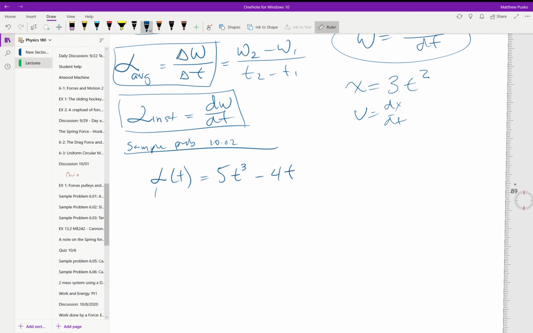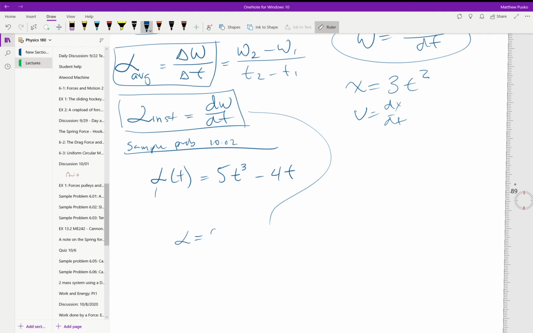So we're doing the same thing that we did before. Before it was the acceleration in the x, or the acceleration in the y, or the acceleration in the z. Now we're looking at the rotational acceleration, or the angular acceleration. What we can do is take this definition right here and separate the variables.